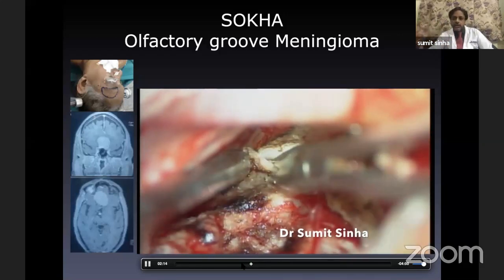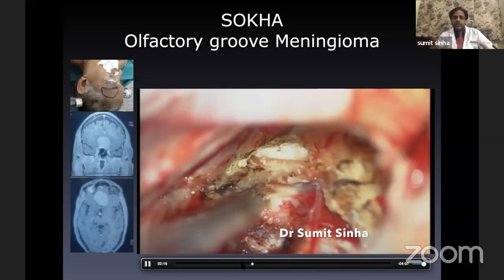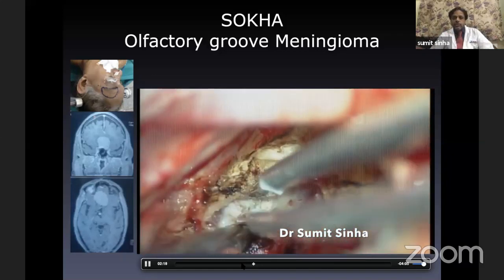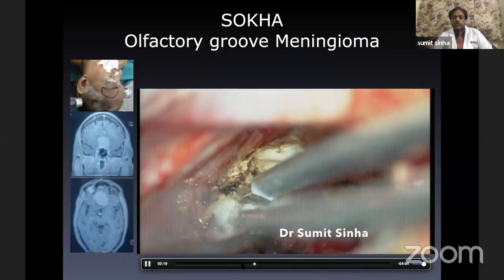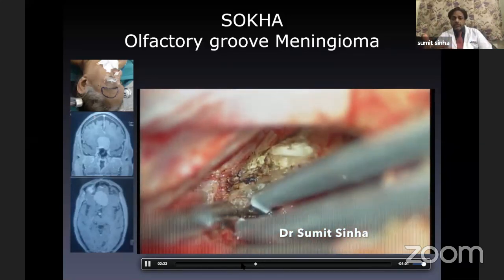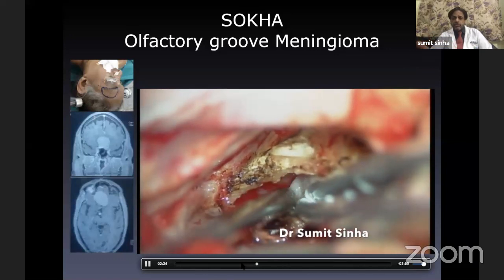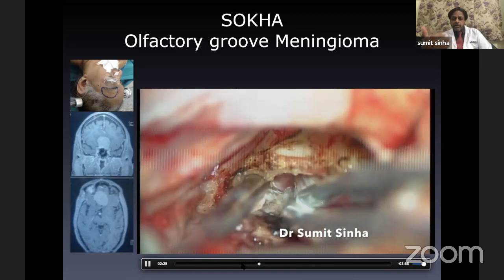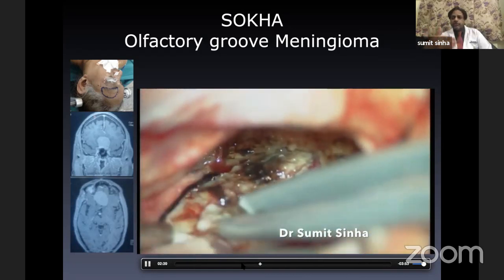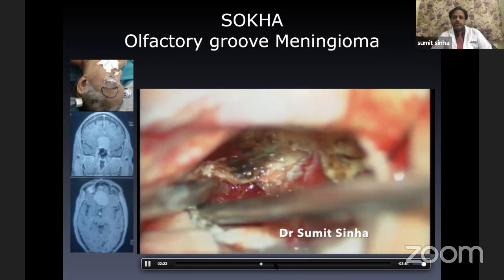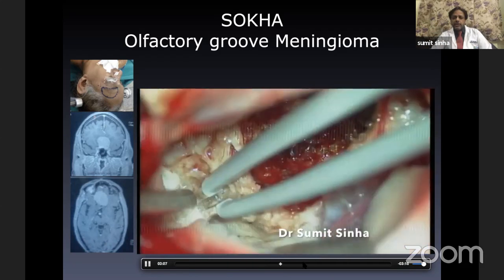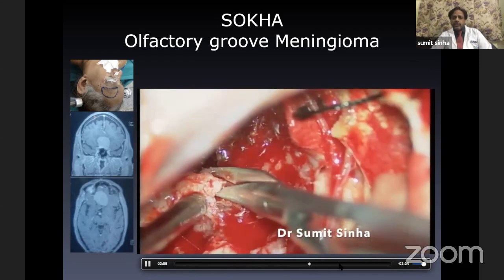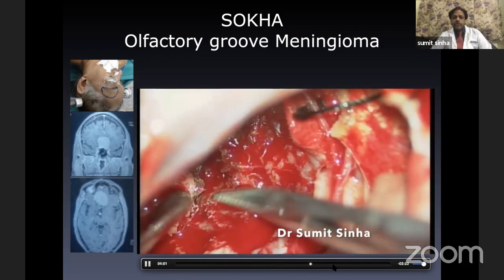And once you find that the brain is so lax and the tumor is lying in front of you immediately on opening the dura, a novice surgeon, especially when he starts doing keyhole surgery, may get daunted by the limitation of the space. But as soon as the CSF is let out, the whole of the brain becomes so lax that the entire surgery becomes so easy, and just similar to what it is during the conventional craniotomy.